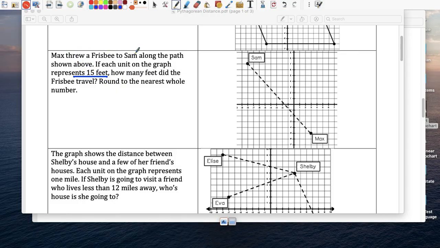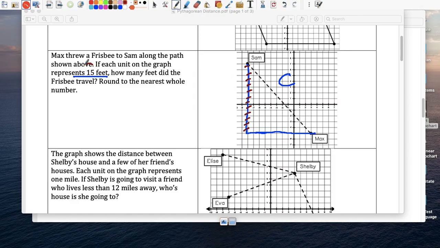Max threw a frisbee to Sam. If each unit on the graph is 15, how many feet did the frisbee travel? So now let's find the legs. We have our diagonal, our hypotenuse, and we need to find this and this to then find C. Here we can just count 1, 2, 3, 4, 5, 6, 7, 8, 9, 10, 11, 12.